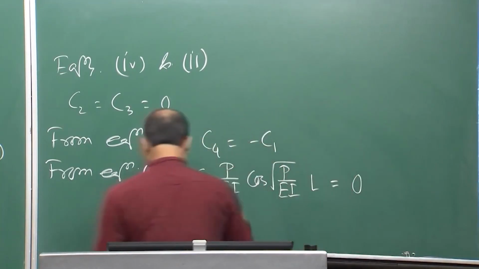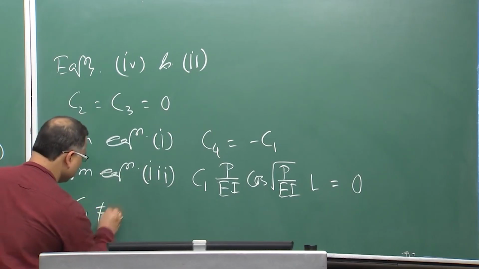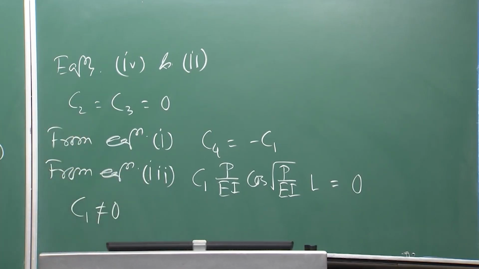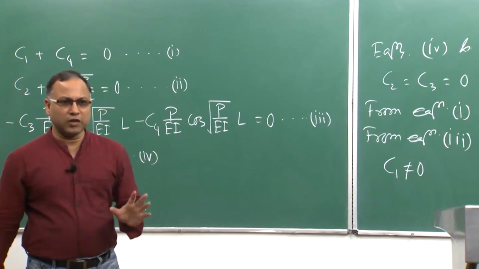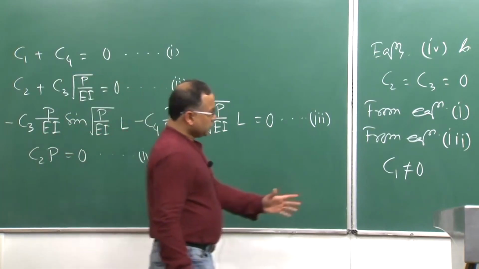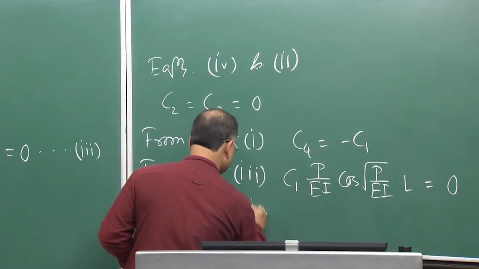Now, in this equation C1 cannot be 0, because if C1 becomes 0, then again we get the trivial solution, all constants are 0, which we are not looking for, as I told you. So, if C1 is not equal to 0, then of course this part has to be 0.